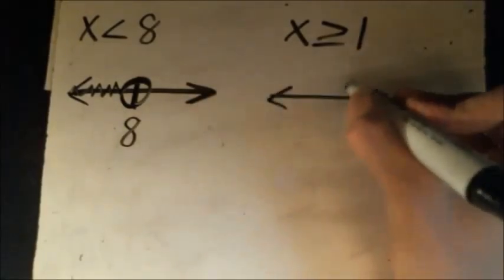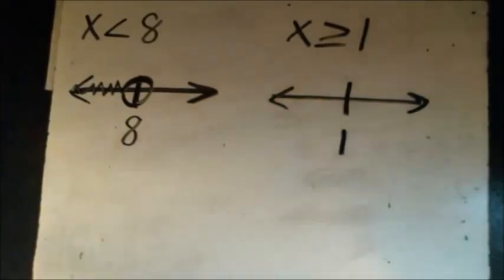All right, let's do another one. x is greater than or equal to 1. Okay, so once again, I want to draw a number line, put one tick in it, and label that 1, because it's the only point I'm concerned about. All right, so my next question that I should always ask myself is, should it be an open circle or a closed circle?